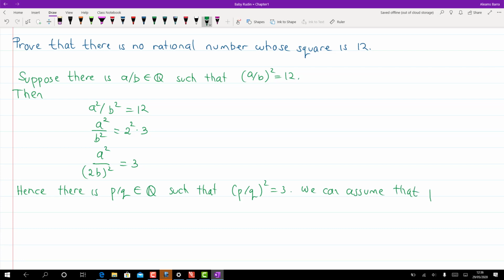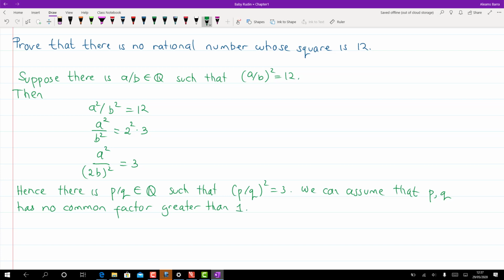Assume that p and q have no common factor greater than 1.